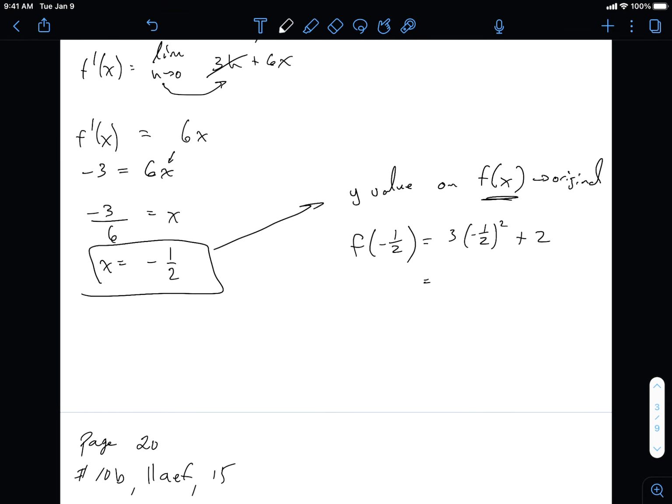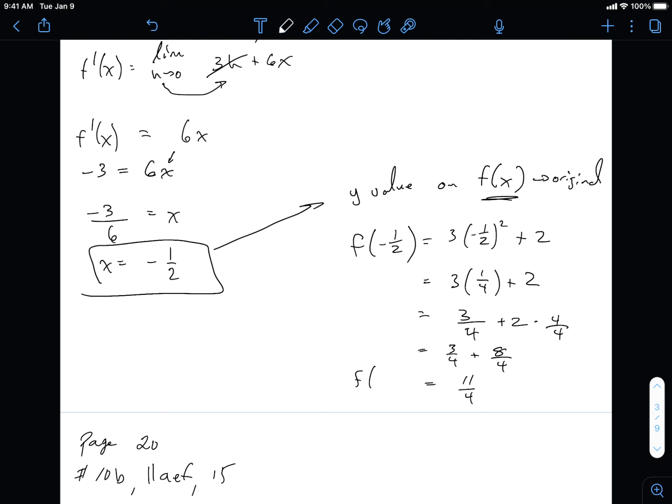So we're going to get 3 times 1/4 plus 2, which will be 3/4 plus 2. Create a common denominator here to get your final y value. So we're going to say 3/4 plus, we multiply this 2 by 4/4 to get the 4 in the denominator, so 8/4.